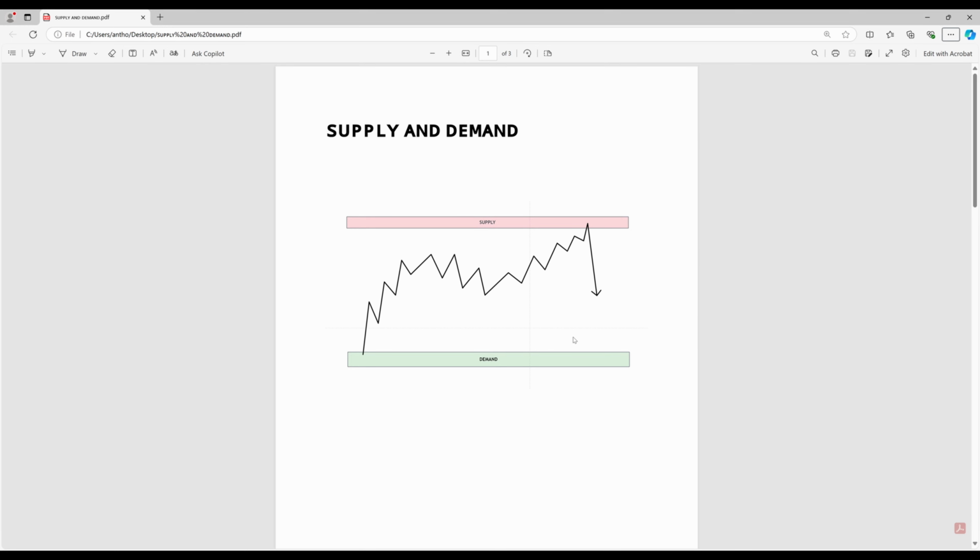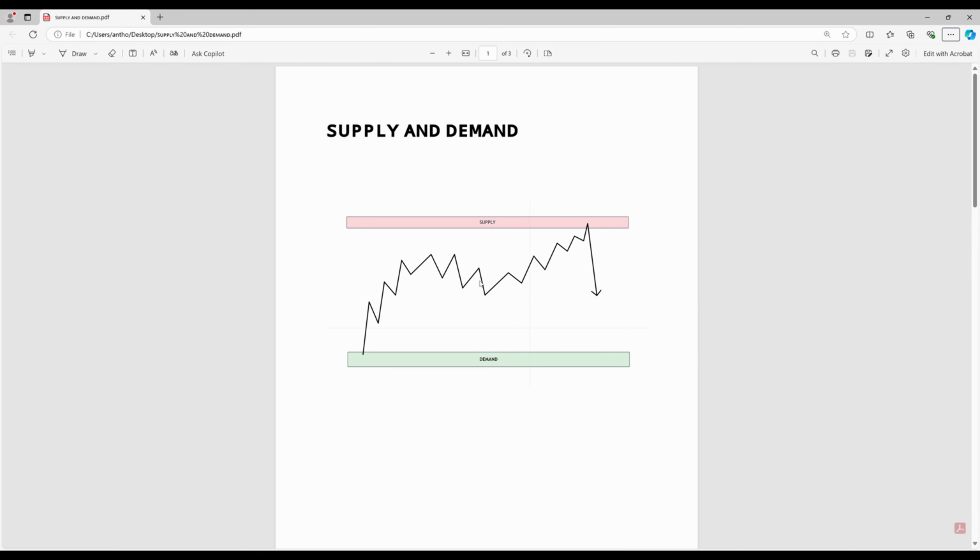Okay? So when you're looking at this chart right here, this is specifically for the new people. This would be your supply, this would be your demand, okay? So when price is pushing up in a buying motion, that's going to be a demand zone. It could be one singular strong bullish candle or a sequence of at least 3. Okay, so when it's pushing up, we can look at this area as a possible demand zone.